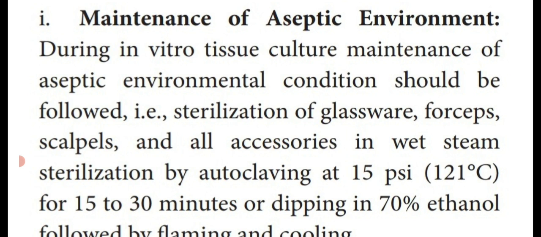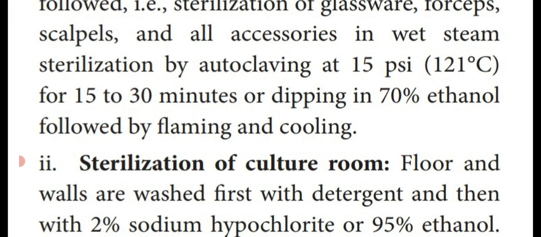That is known as autoclaving, at the pressure of 15 psi, psi is the unit, at 121 degrees Celsius. For how many minutes? 15 to 30 minutes. That is the first sterilization method, that is autoclaving. It's an electronic instrument, looking like a vessel, like a pot.